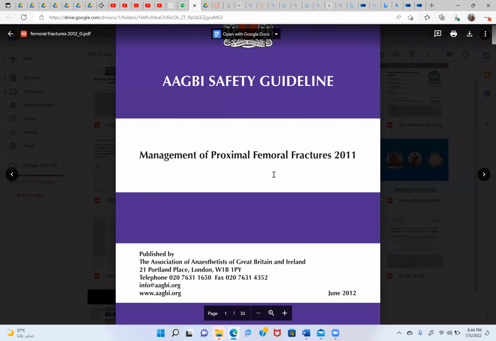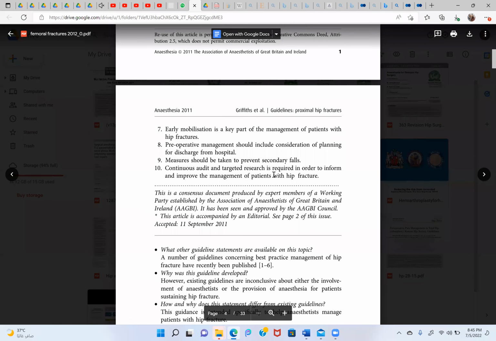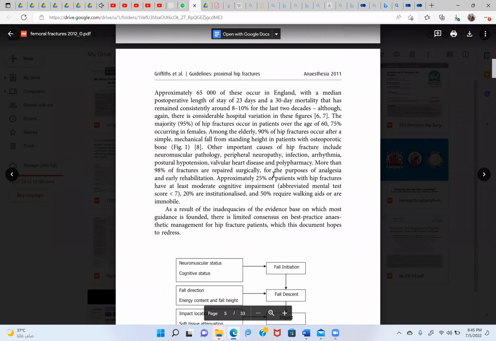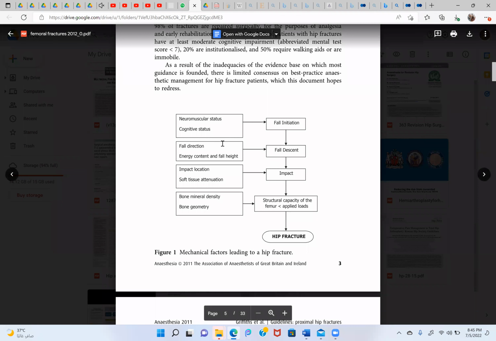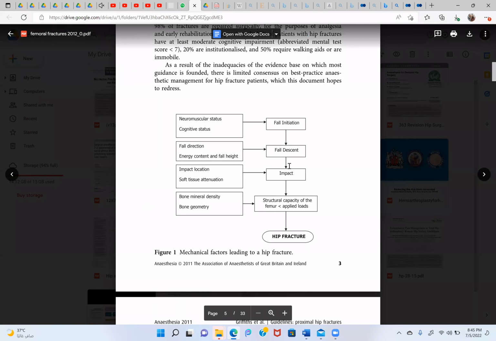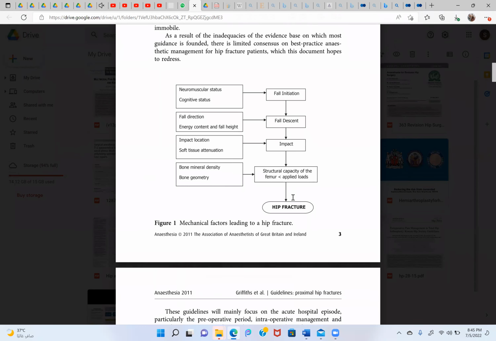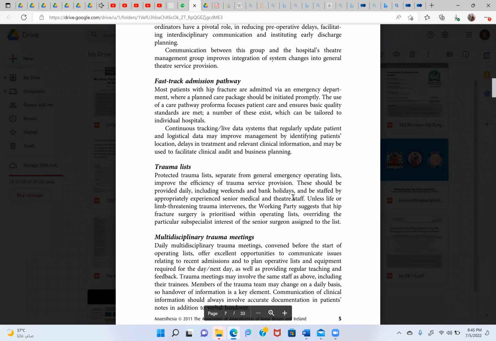Just a second. It is because of the variety of neuromuscular status, cognitive status, fall initiation, fall direction, energy content, fall descent, like how it is occurring, the etiology of this.